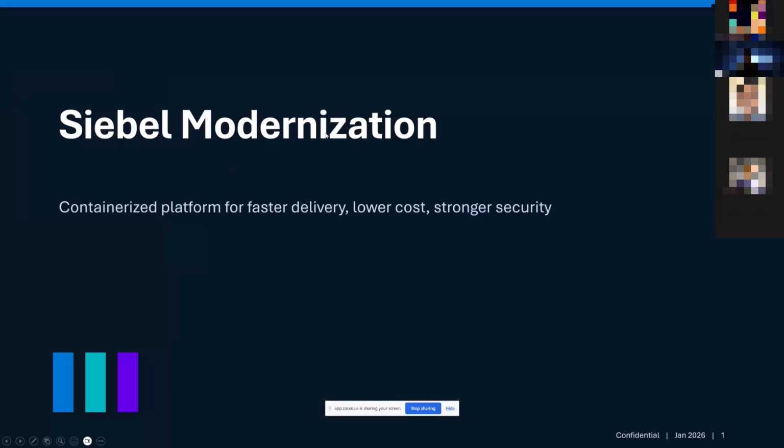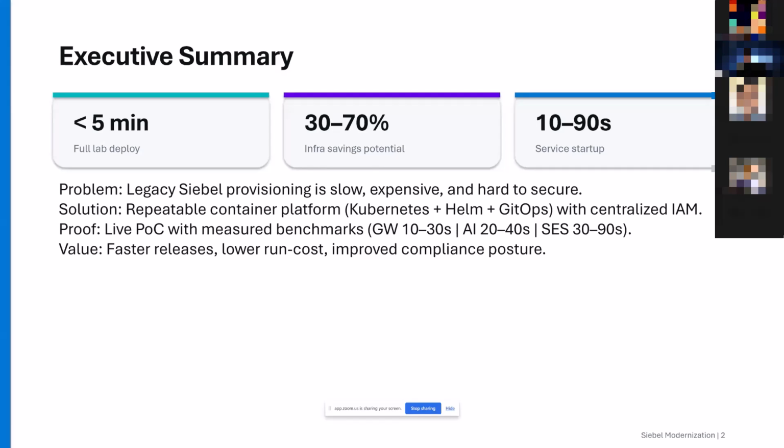The title looks like Siebel modernization, as if we are changing something, but it is way simpler. I have seen many customers, and even within our own domain, that we still deploy Siebel as a large application, even for a proof of concept.